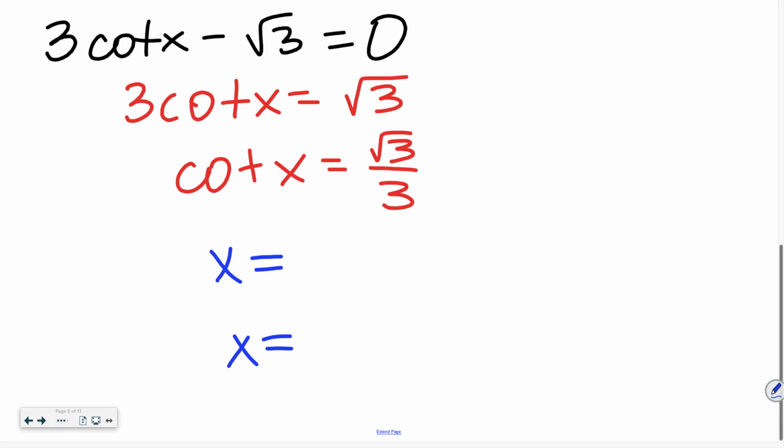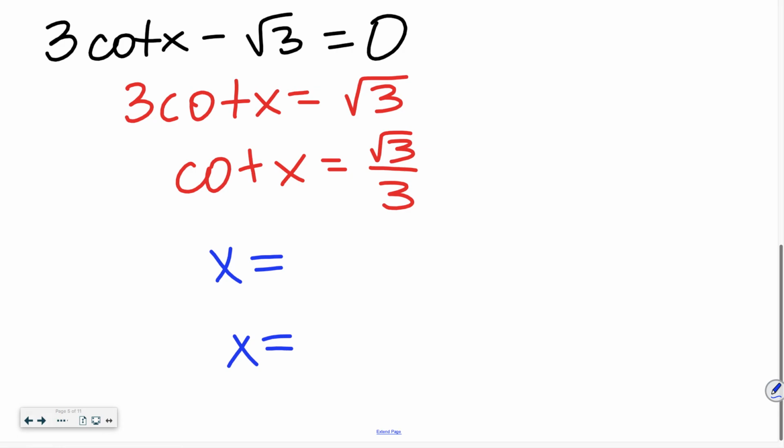Let's think about it. Is 1/2 over radical 3 over 2 or radical 3 over 2 divided by 1/2 going to get us that? Which one, the first or the second? This one, right? So which coordinate, x divided by y, is going to give us that?